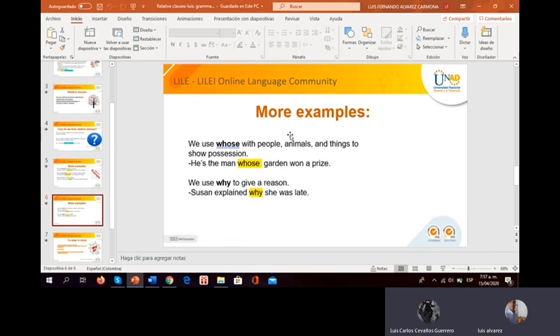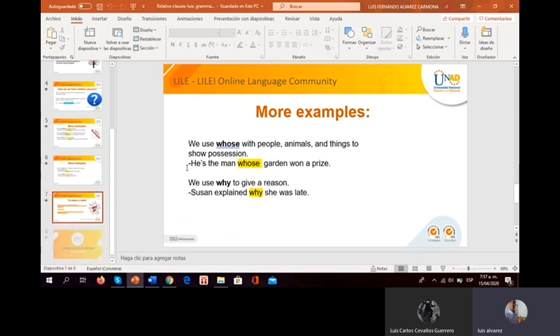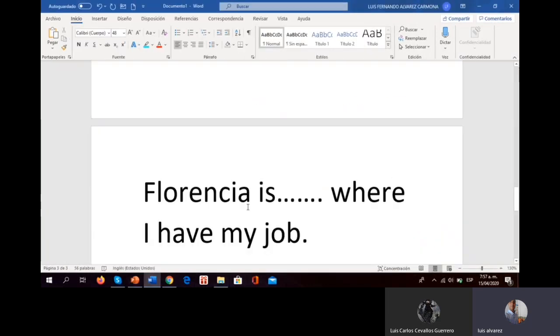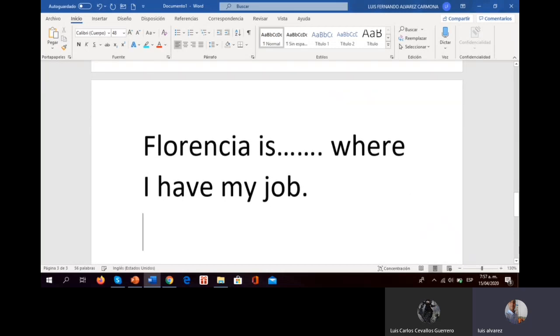All right, so now let's try to understand this one in order to have a better idea or better insight about it. So we use whose with people, animals, and things to show possession. So let's write down another example.